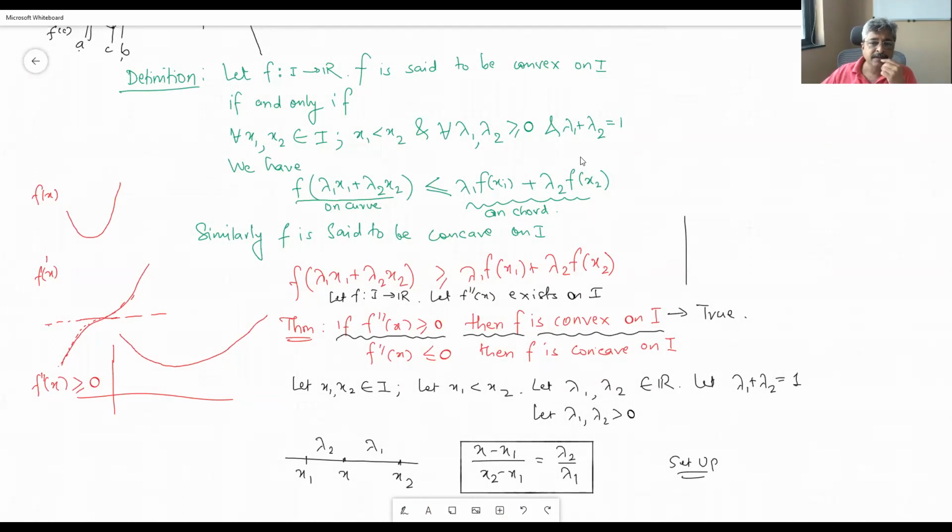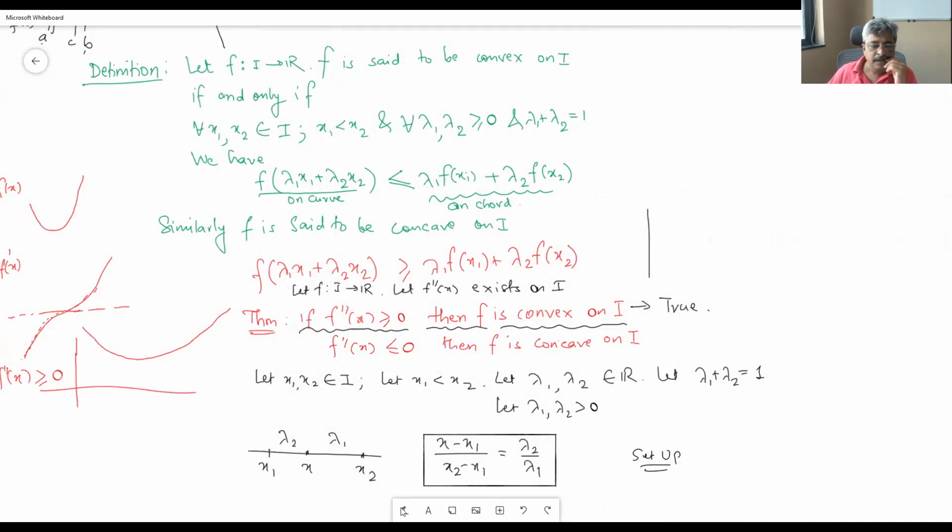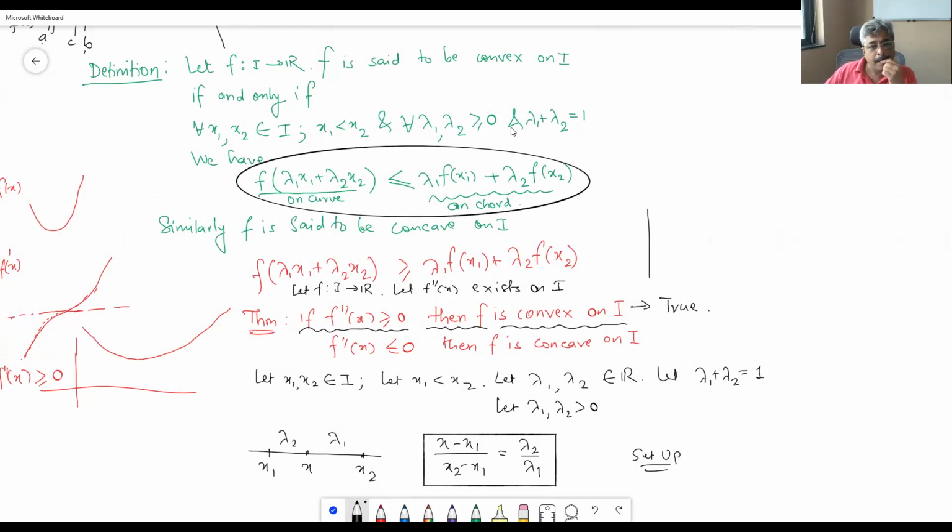You have to arrive at this, and algebraically it should be possible. Of course, you have to use the given condition. F double dash of x greater than or equal to 0 implies something that you need to use. So, almost I have opened up everything. Now it is only a question of writing the details and finishing the proof.